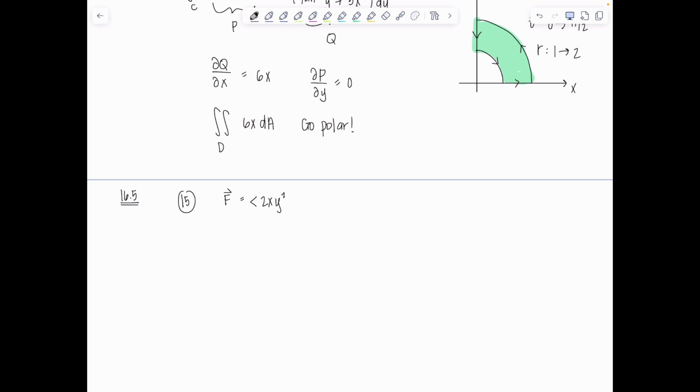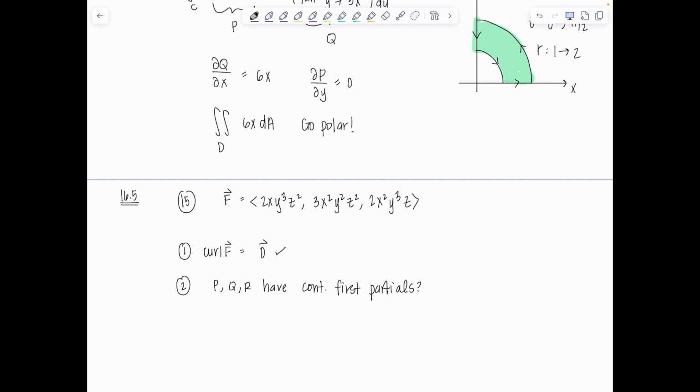You first check if the curl is 0 for this one. Did you check that? Yeah, it was 0. Were you okay computing it? Oh yeah, that part was fine. I kind of got confused with the next part. So you check, do P, Q, and R have continuous first partials? Well, what kind of functions make up P, Q, and R?